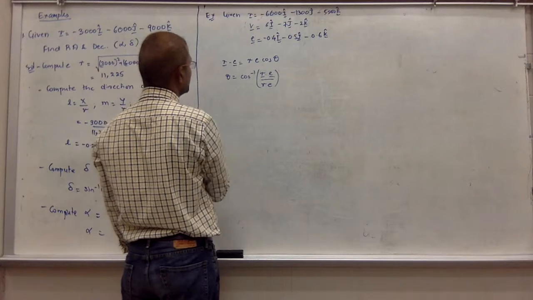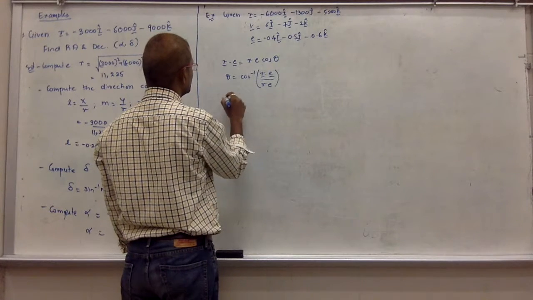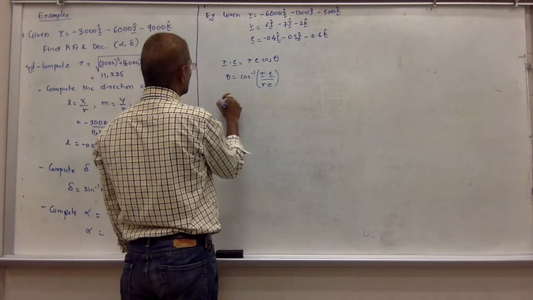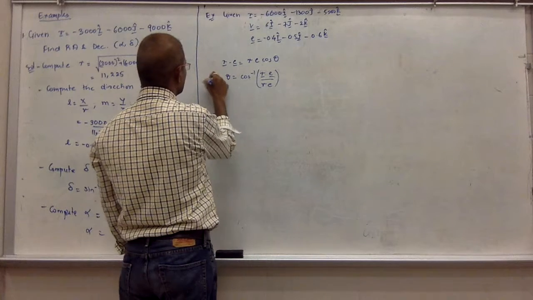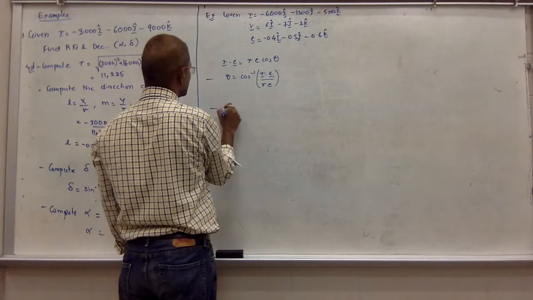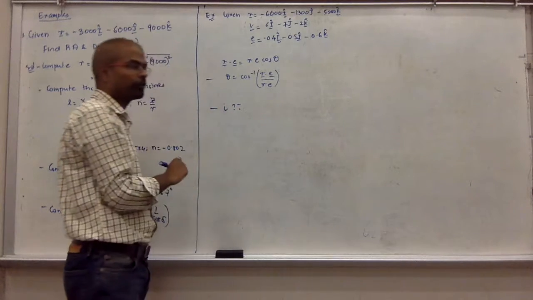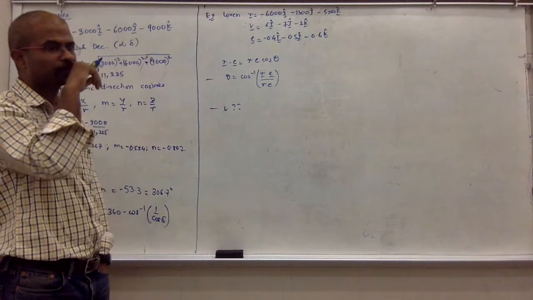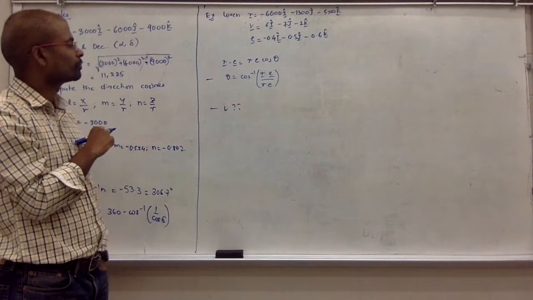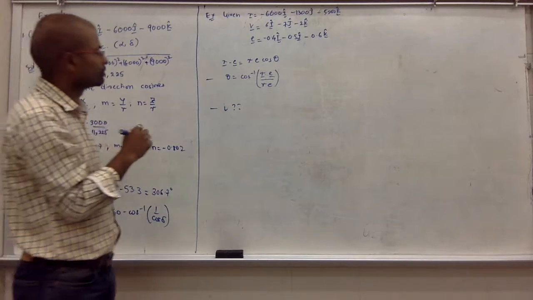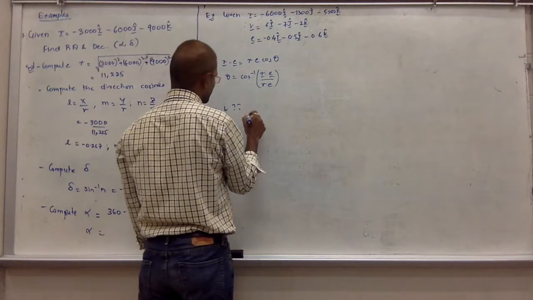Now tell me, this is the first one. Second one is inclination. How do you find the inclination? Cosine inverse of h dot k over h. Right.